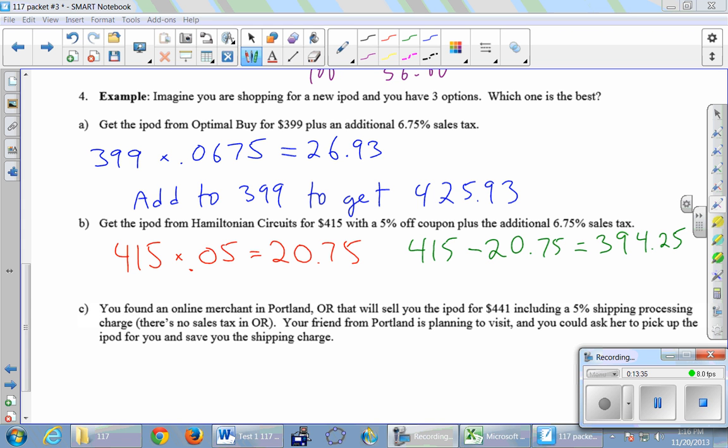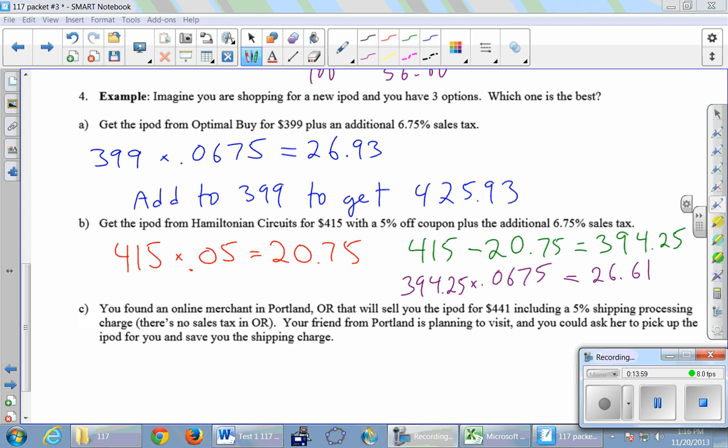Sales tax. Casey, what times 6.75? 394.25 times the 0.0675. What do we get here? 26.61. And now what do I do with that? That's the sales tax.